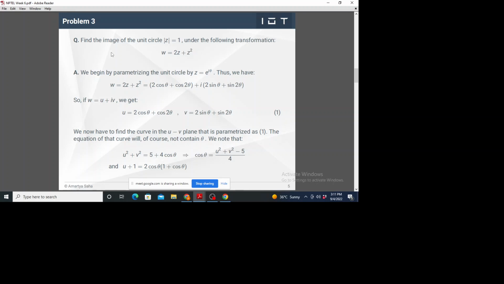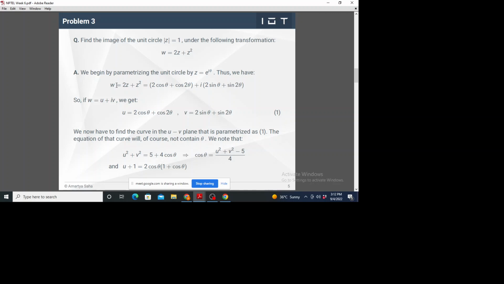So of course, again we start using the usual trick. Whenever we are given a unit circle, what do we do? We parameterize the unit circle by z equal to e to the power i theta.